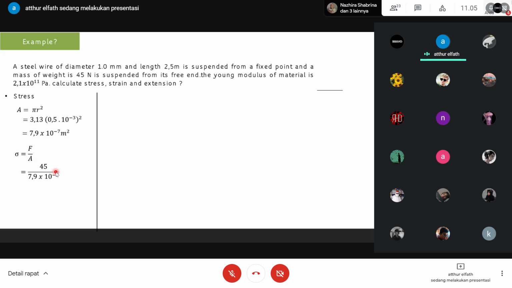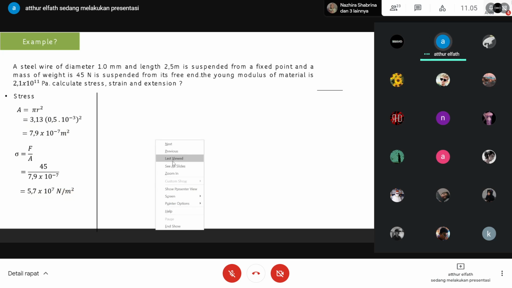Yeah, you just substitute the numbers that you knew from the questions like weight and then the area, and then you will obtain 5.7 times 10 to the positive 7 Newton per meter square.